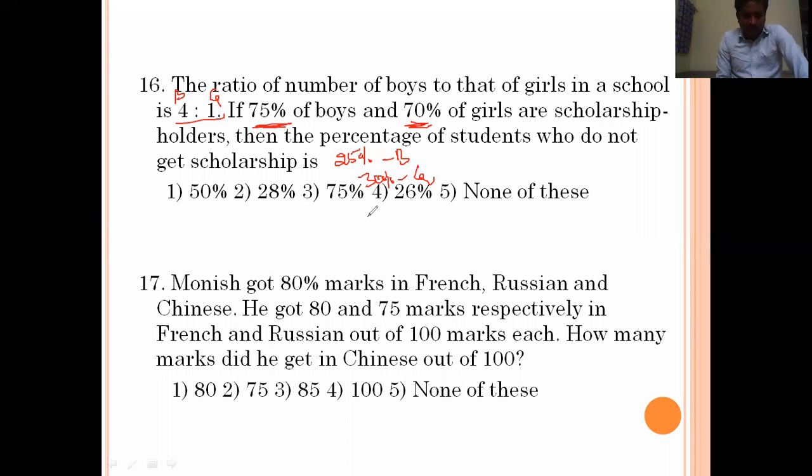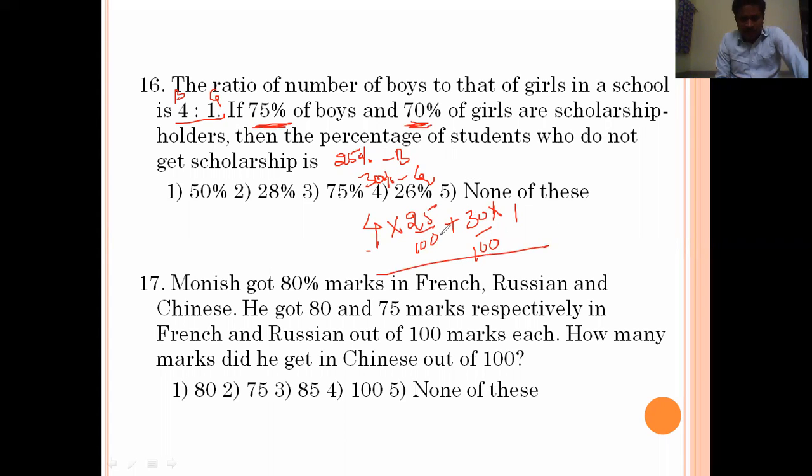So here the total boys is 4 parts. In these 4 parts, the students who won't get a scholarship are 25%, plus 30% of the girls who won't get any scholarship. How many parts of girls are there? 1 part.